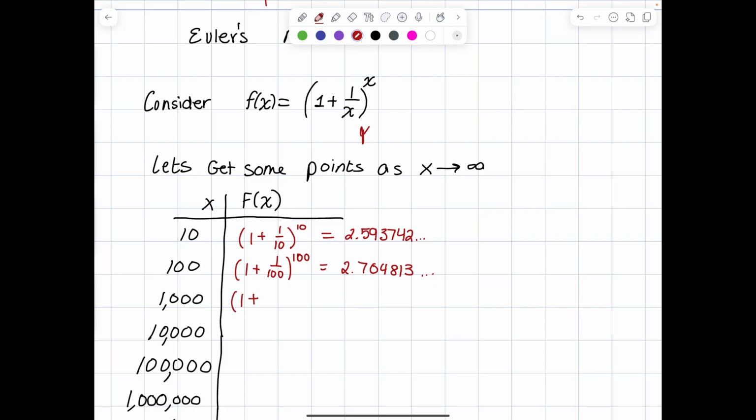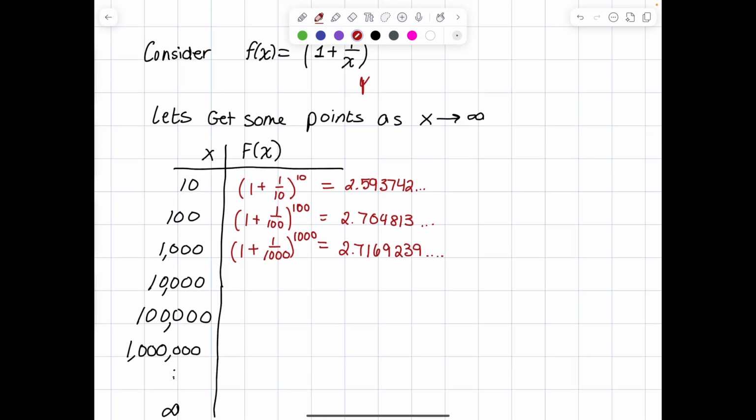Let's plug in 1,000, 1 plus 1 over 1,000 to the 1,000th power. And I'm going to get 2.716923 and some more. So it looks like it's going to be 2.7, and let's keep going. Let's plug in 1 plus 1 over 10,000 to the 10,000 power, and that's going to give me 2.718145.